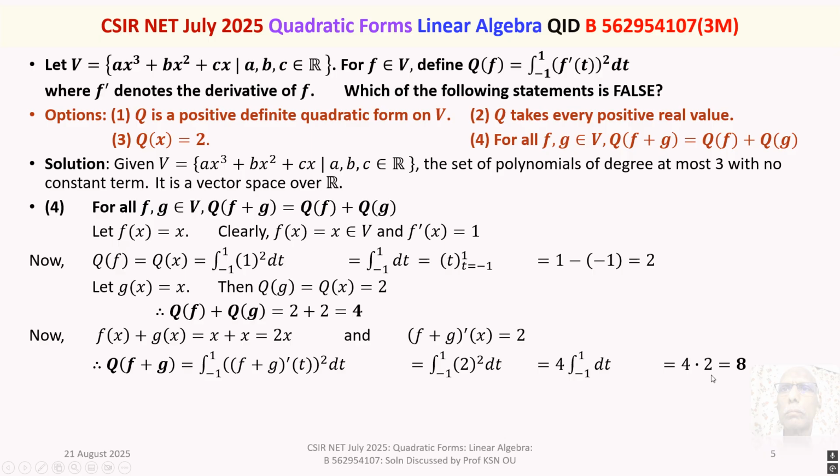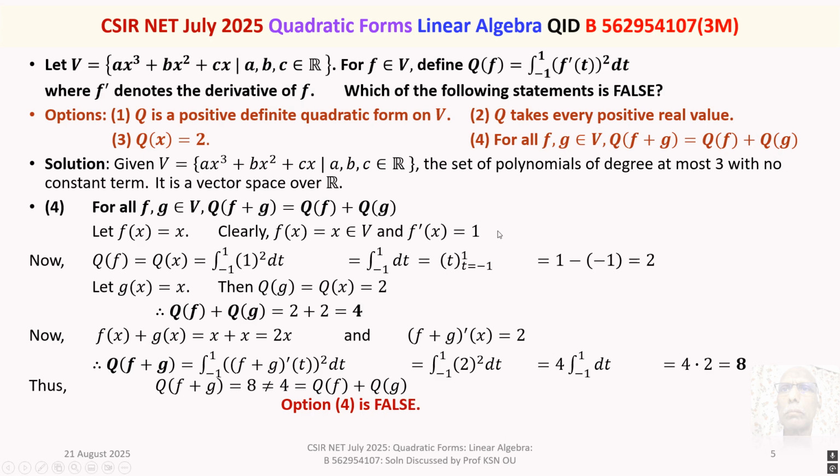So 4 into 2, that is 8. On one hand you got 8, on the other hand you got 4, they are not equal. Therefore, Q of f plus g is not equal to Q of f plus Q of g. Thus, option 4 is not true.